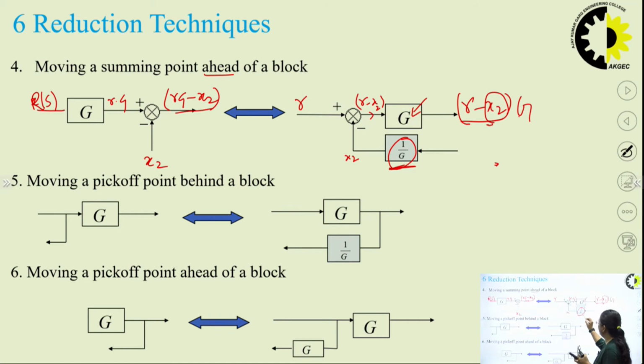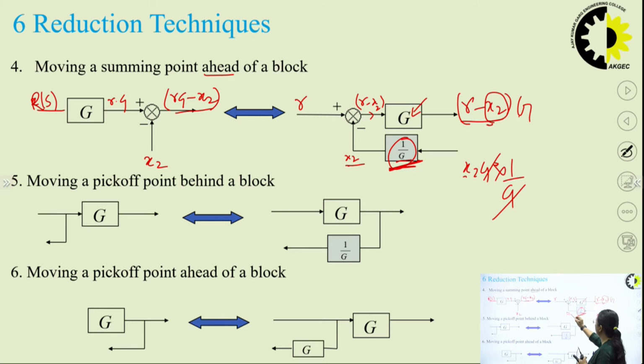So I have added an extra block with this x2 which has a reverse gain, right? So that it gets cancelled by this G. Here this is x2G I am getting, right? And if I multiply it by the reverse gain, then it gets cancelled, and again I am getting the signal x2 here. Okay, so the output should not be changed.